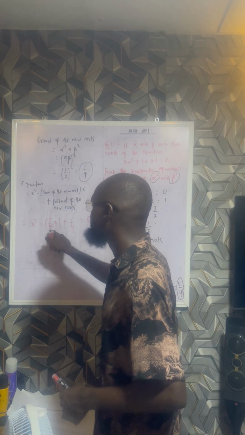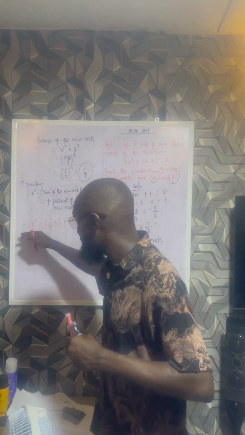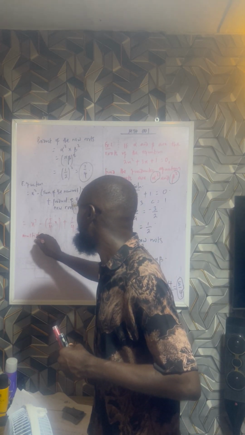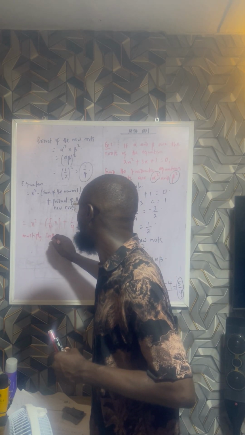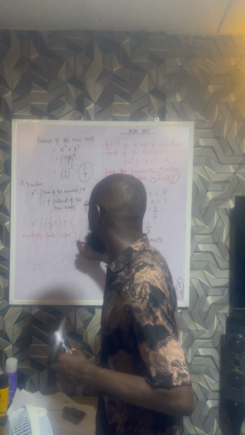Since we have 4 as the denominator, we can use that 4 to clear out the fraction. So multiply both sides by 4.